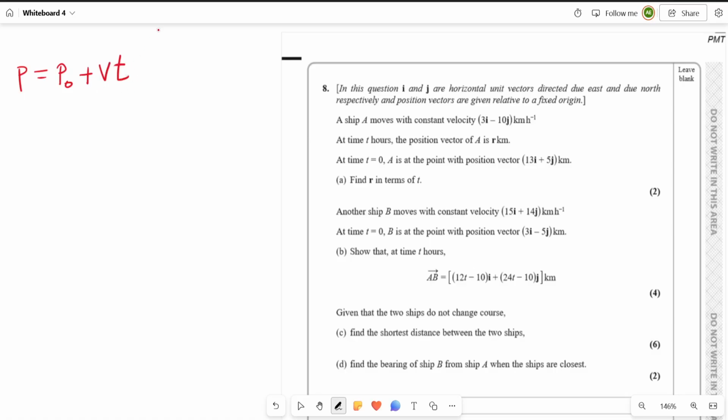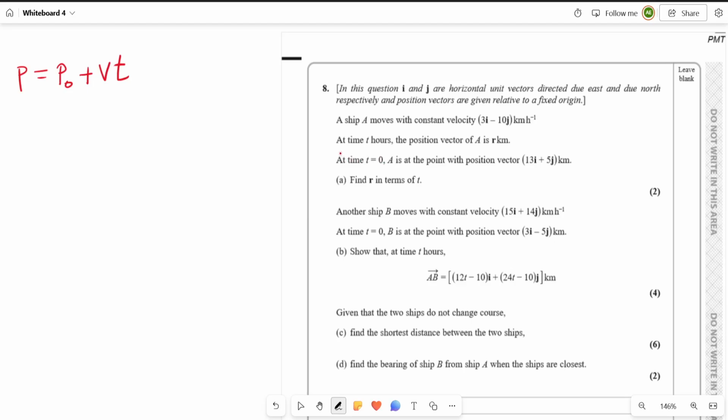This time is going to remain as t, where I can replace any value of t. Let's say I want to get the position vector at t equals 1 second. I'm going to put in t over here, and I'm going to compute this, and it's going to give me the position vector at t equals 1. So this is basically how we can find the general equation of a position vector.